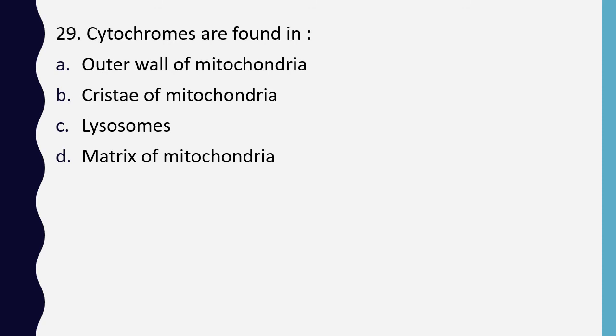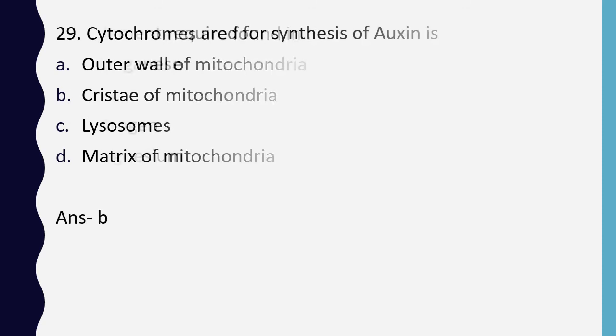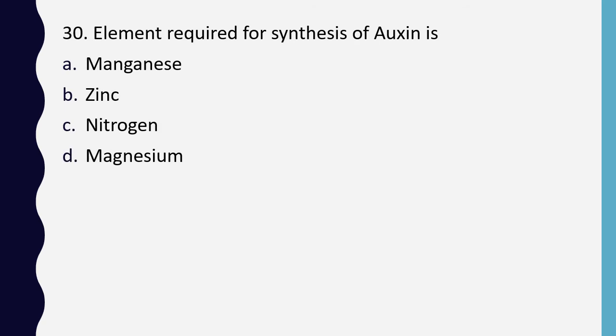Cytochromes are found in. The correct answer is option B, cristae of mitochondria. Question number 30. Element required for synthesis of oxygen is manganese, zinc, nitrogen, magnesium. Element required for synthesis of oxygen. Correct answer is option B, zinc.